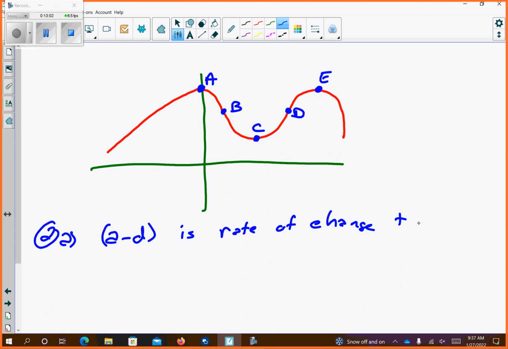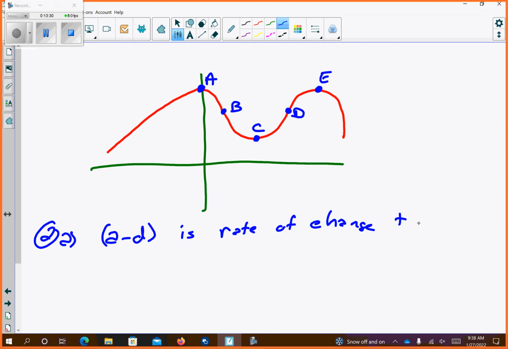Okay, so what we're going to do is look at our graph. So this would be 0. Now my slope is a negative slope, if my hand was a line, agreed? And it changes a little bit, it follows this line, gets exactly here to C where it has a slope of 0, and then it's going to start going up. So from A to D, where is the rate of change positive?